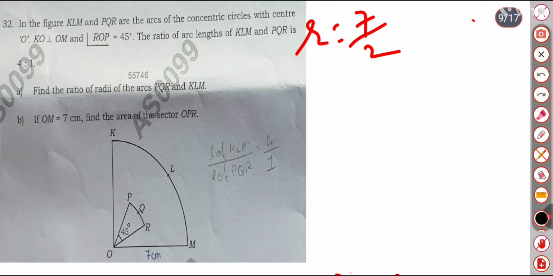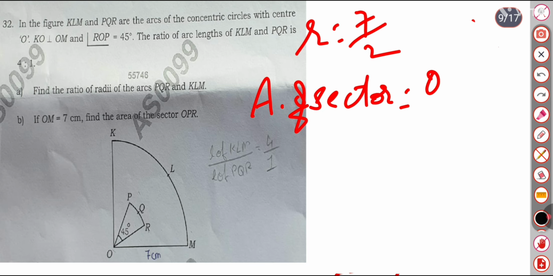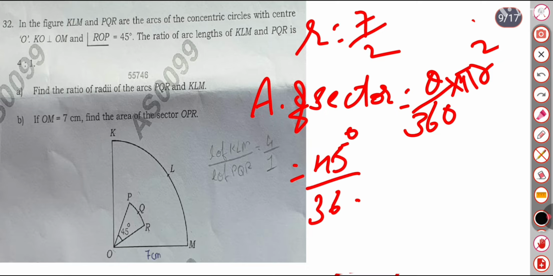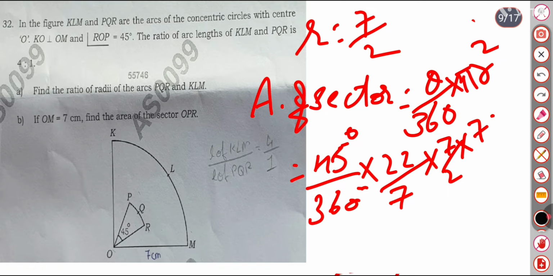Area of sector formula, theta by 360 into pi r square, is equal to, theta is 45 degree by 360 degree into pi is 22 by 7, r is 7 by 2 into 7 by 2.